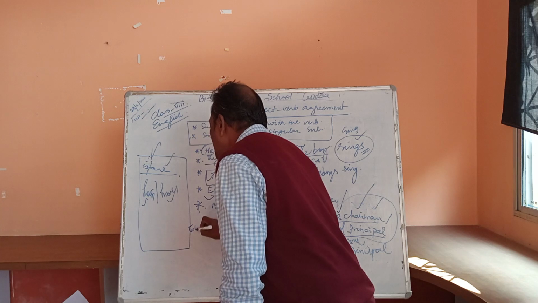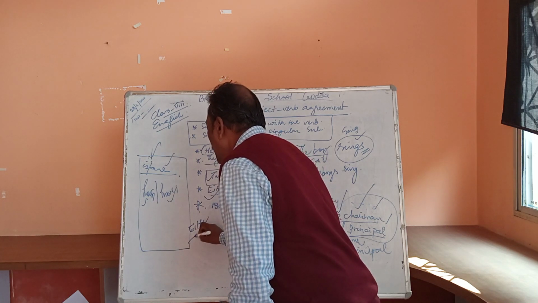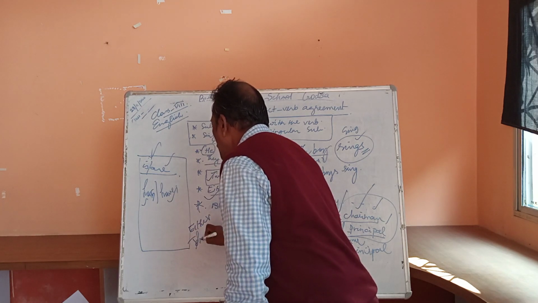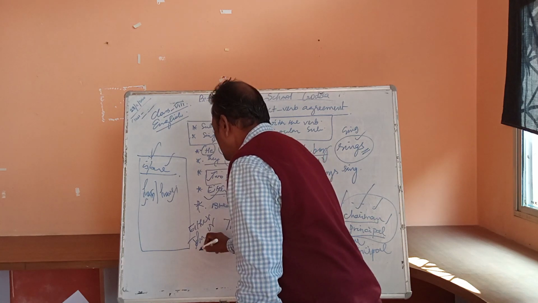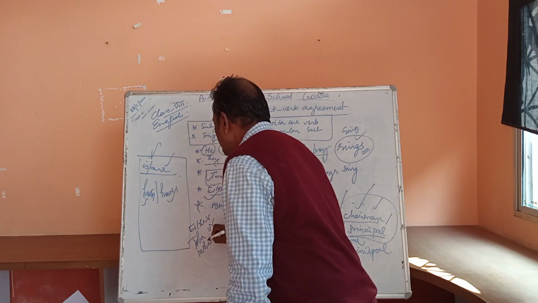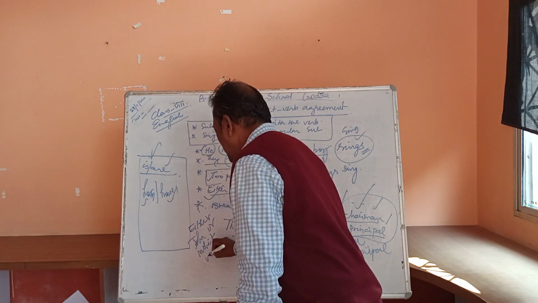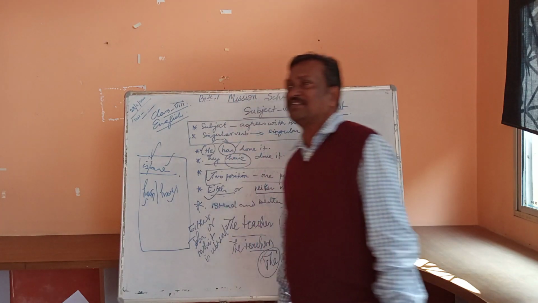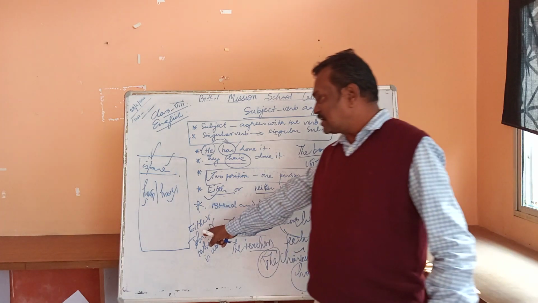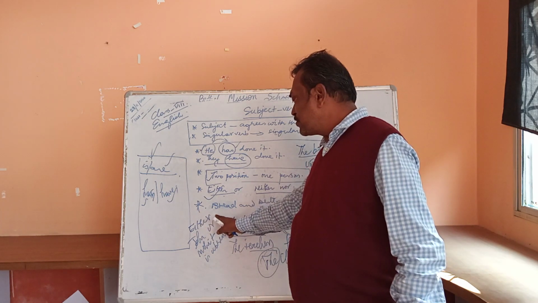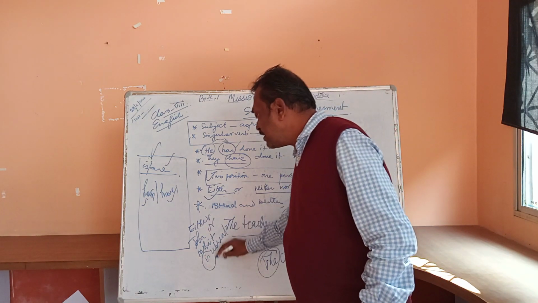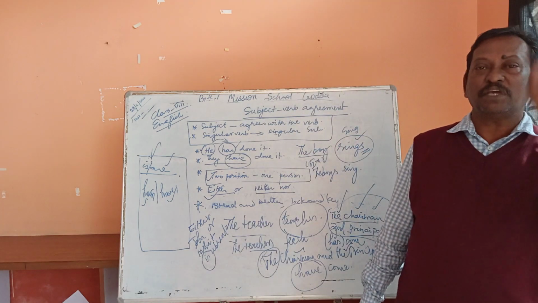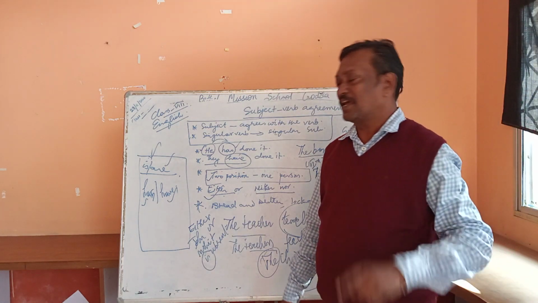So either John or Mohit is absent. Look at the sentence carefully. Either John or Mohit is absent. I have used the helping verb is. Why?